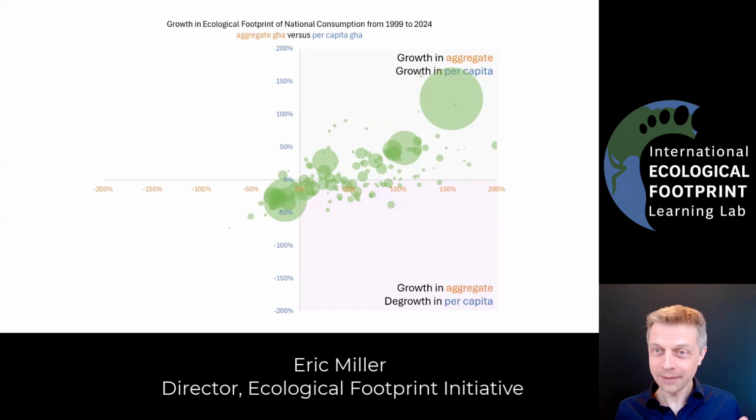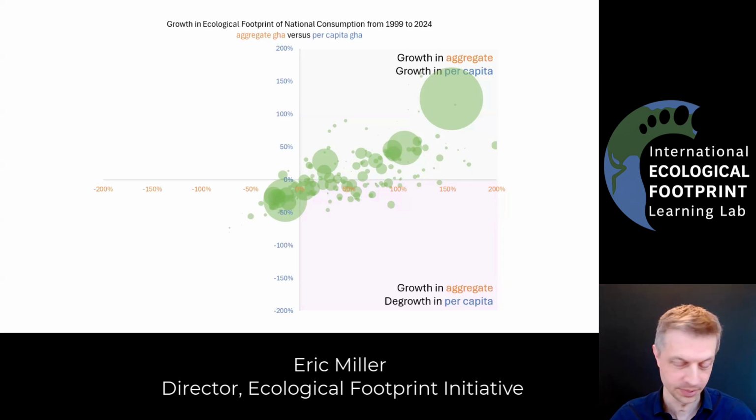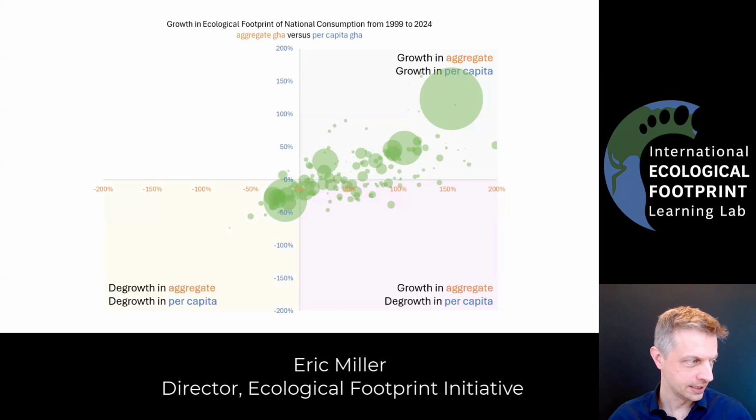On an average per capita basis, the ecological footprint of consumption of Canadians in 2024 was less than in 1999, but there were more consumers in Canada over that period, and so the aggregate global hectares of national consumption was larger over that period.